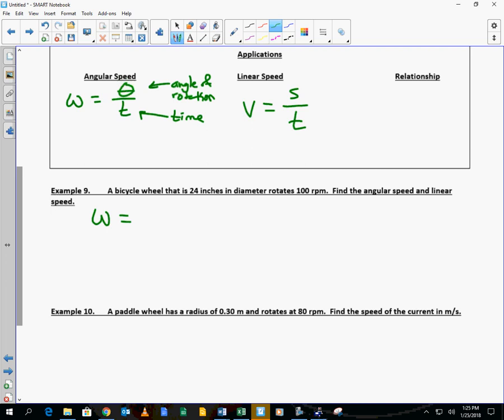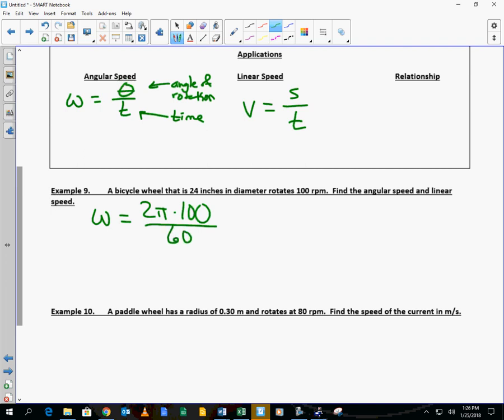So a full rotation is how much in radians? 2 pi. Good job. So 2 pi is one rotation. How many rotations do I have in this situation? 100 of them. Omega stands for angular speed. We're looking for angular speed, divided by time. I'm going to convert this to seconds. How many seconds pass by when it rotates 100 times? 60.